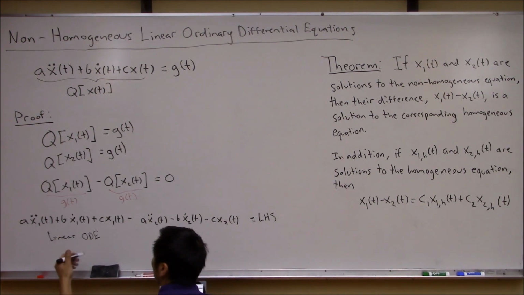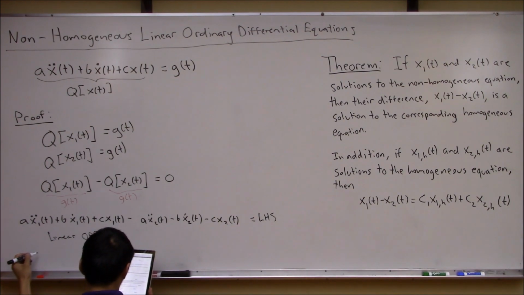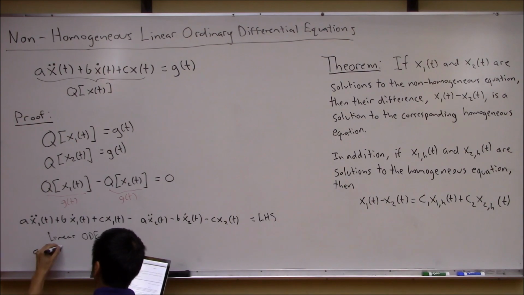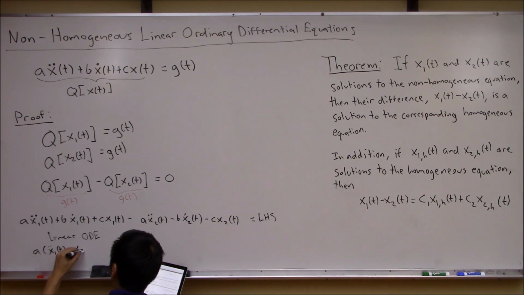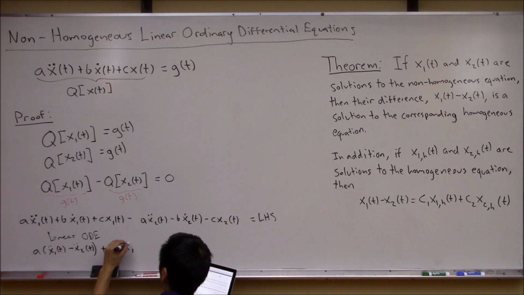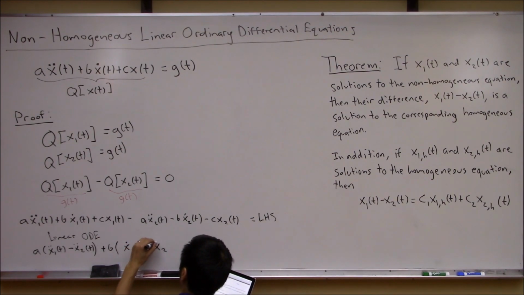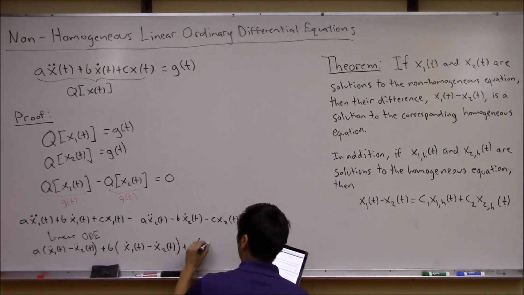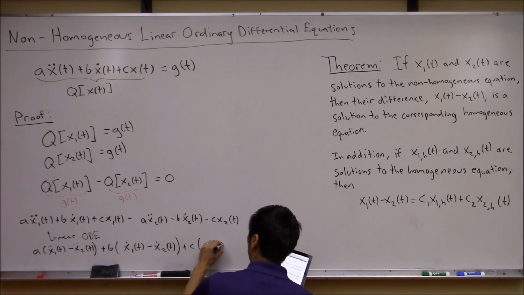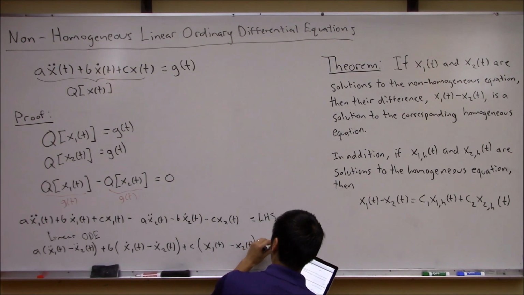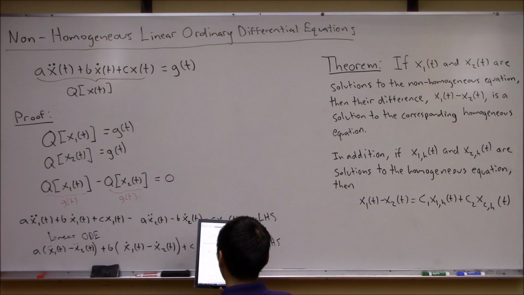So basically I could write this thing as A times x1 double dot of t minus x2 double dot of t, plus B times x1 dot of t minus x2 dot of t, plus C times x1 of t minus x2 of t. This is equal to the left-hand side still.